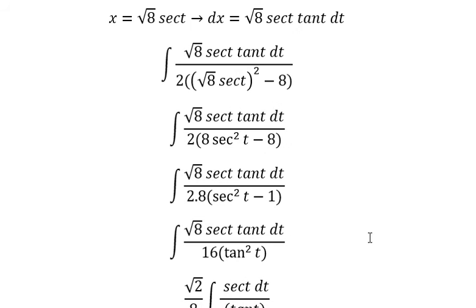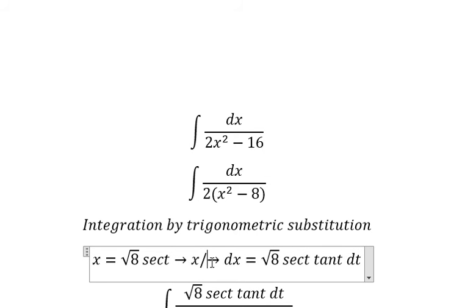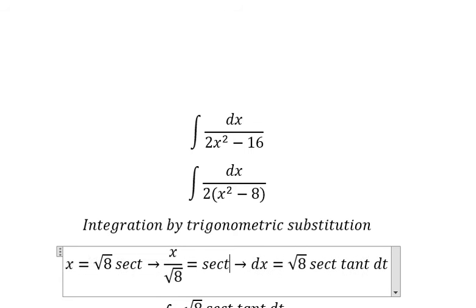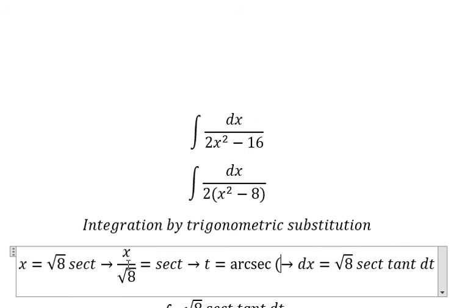About t, that's this one. So we divide both sides by the square root of 8. And we get t equal to arc secant of this one.